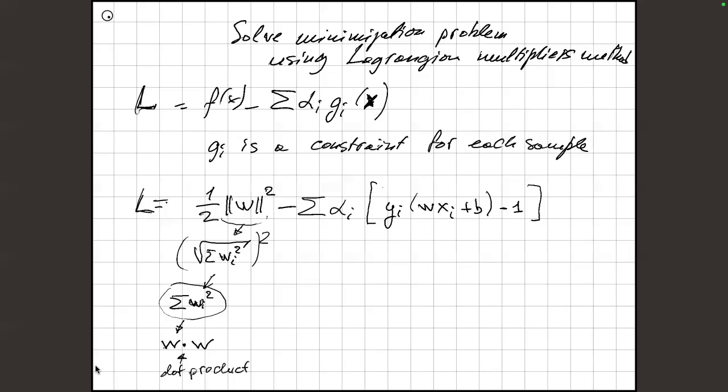And that's what is done. So you convert it not to double, sorry, to a dual problem. So the next step: convert L to L star, the dual problem.